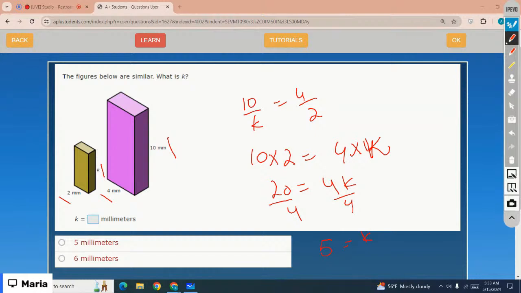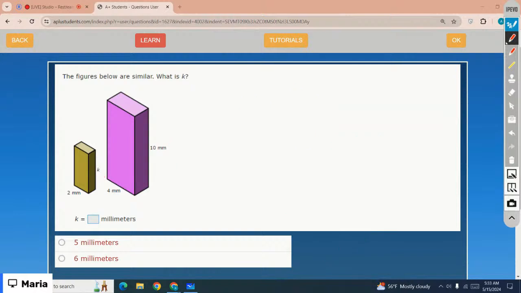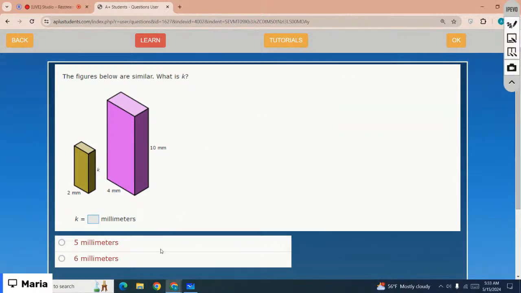So you need to make a ratio of the similar sides and then solve. The correct option is 5 millimeter.